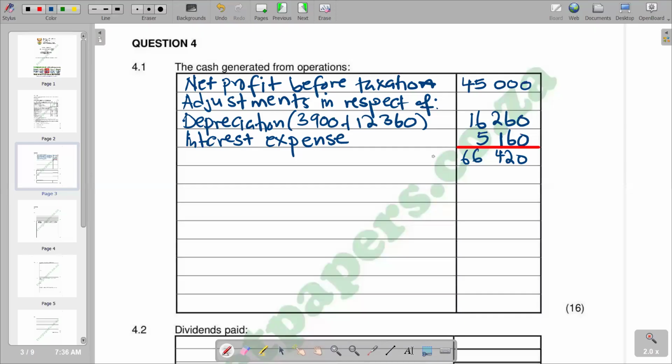So after adding, you get your 66,420, which is going to be your operating profit before changes in working capital. Then beneath that now, we are going to have changes in working capital.